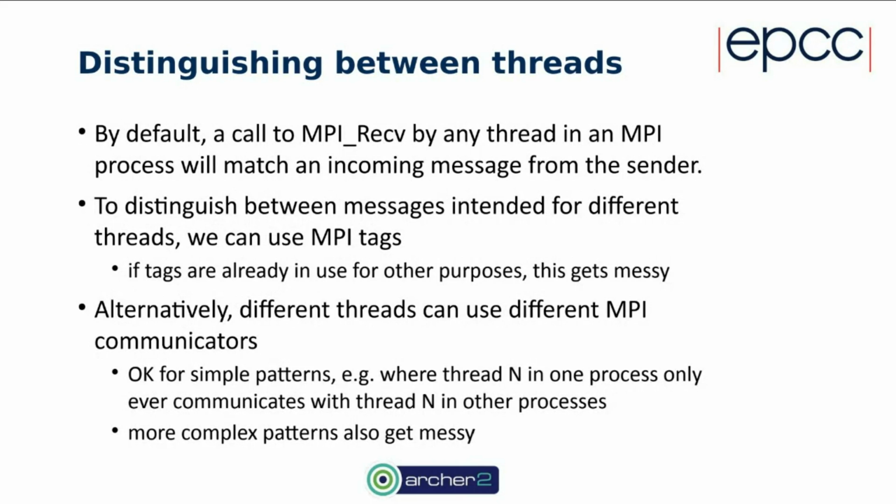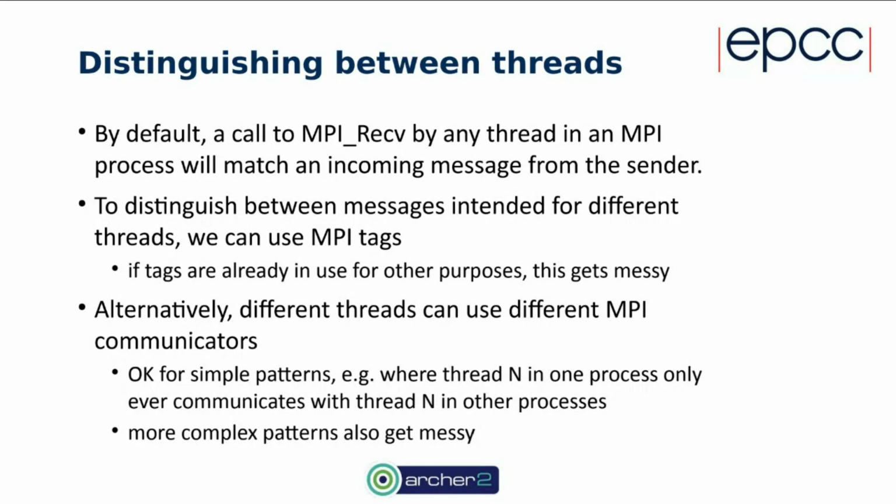Because a call to MPI receive by any thread in an MPI process will match an incoming message from the sender. So to distinguish between them, we can use tags. But if tags are already in use for other purposes, this gets messy, because you just get one integer to use as a tag.